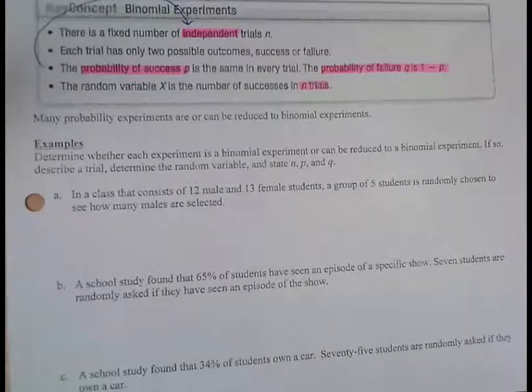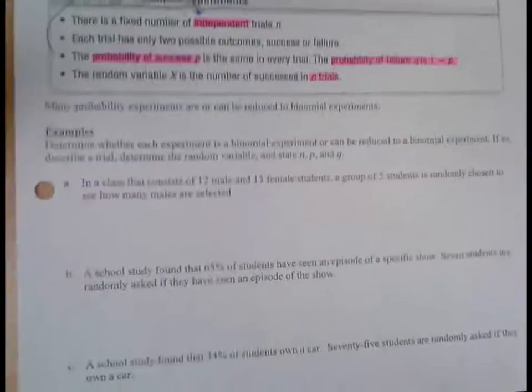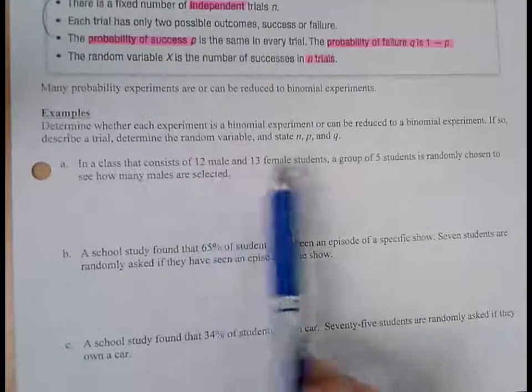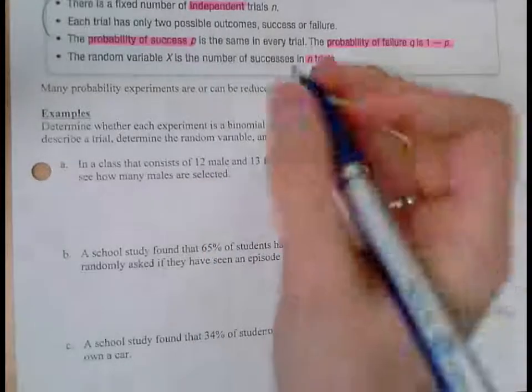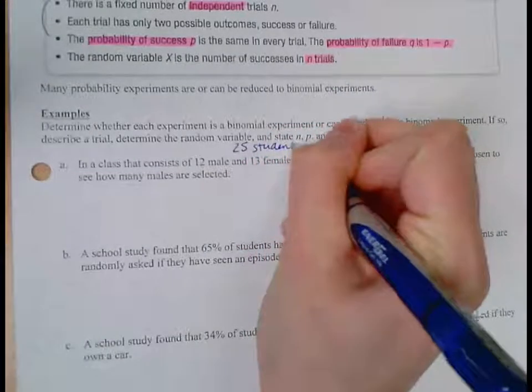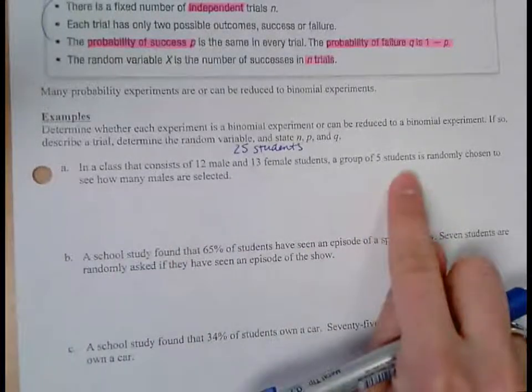And here's how you can determine that if you're not sure. So first of all, probability we've talked about as being the frequency out of the total number of possibilities. So if I have 12 male and 13 female students, altogether I have 25 students. And I'm choosing 5 students.